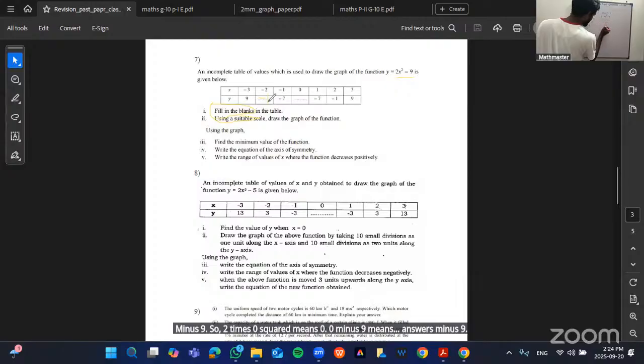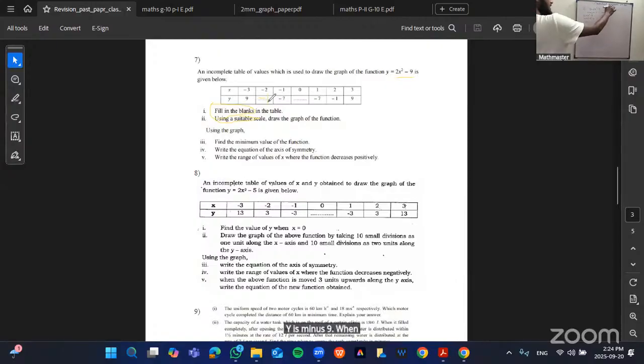So when x is 0, y is minus 9. These are the two values for the fill in the blanks. That is the Roman number 1 part.